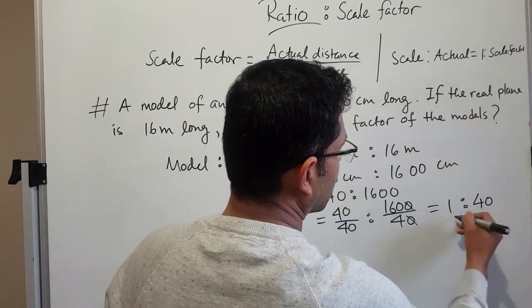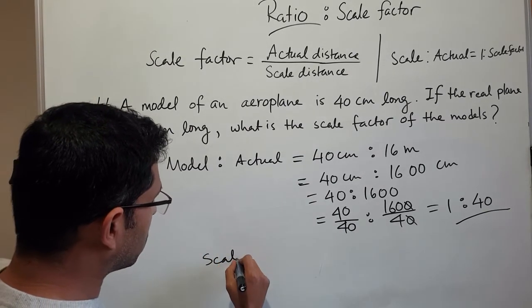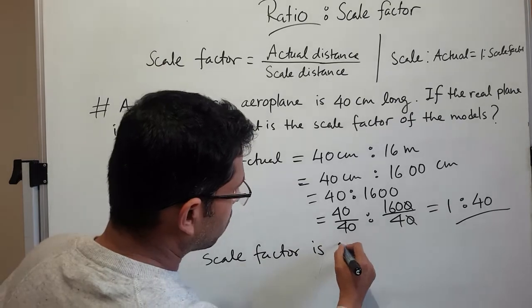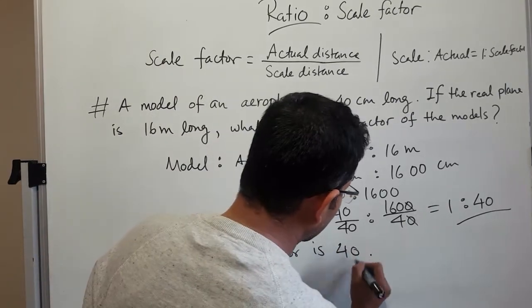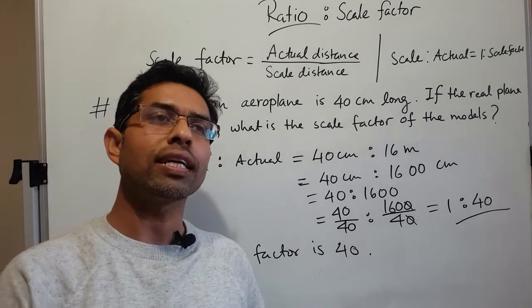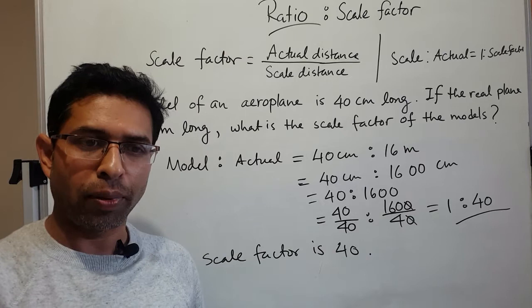So the scale factor for this model is 40. What does it mean? It means our model plane is 40 times smaller than the actual plane.